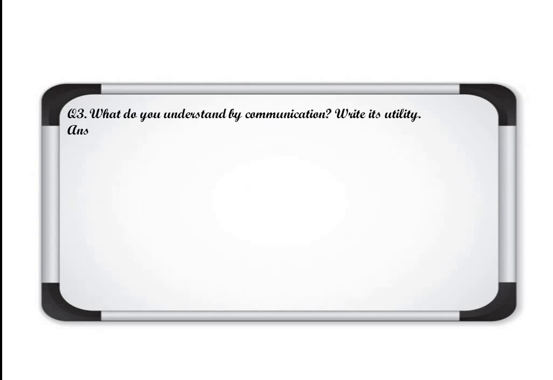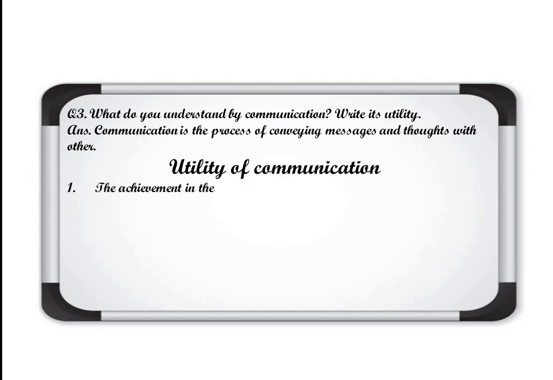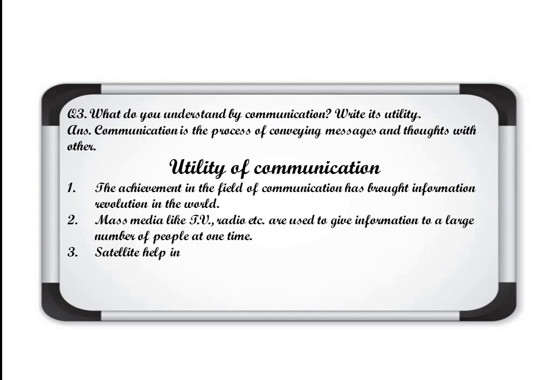Question number 3, what do you understand by communication? Write its utility. Communication is the process of conveying messages and thoughts to others. Utility of communication. Number 1, the achievement in the field of communication has brought information revolution in the world. Next, mass media like TV, radio, newspaper, books are also used to give information to a large number of people at one time.